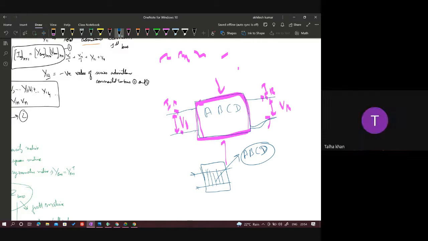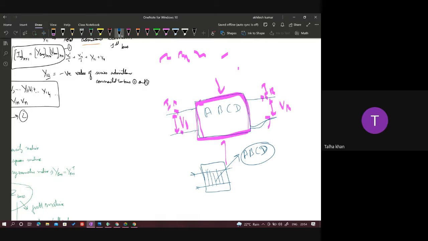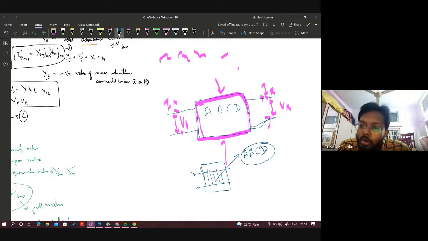If the transmission line is short, we can model it with ABCD parameters. If it is a medium transmission line, in pi model or T model, both can be formed in the ABCD parameters.